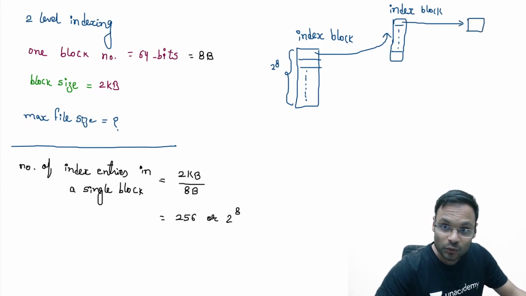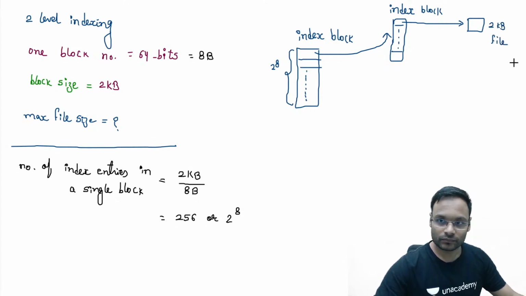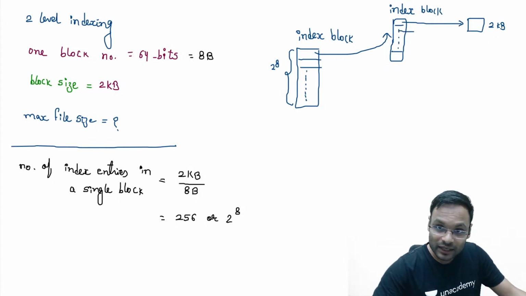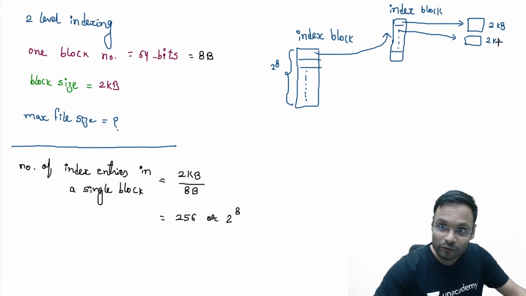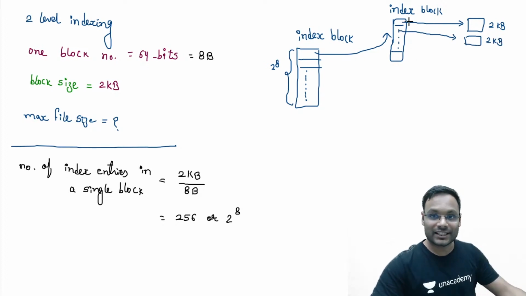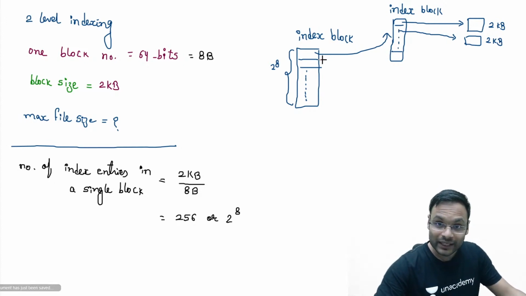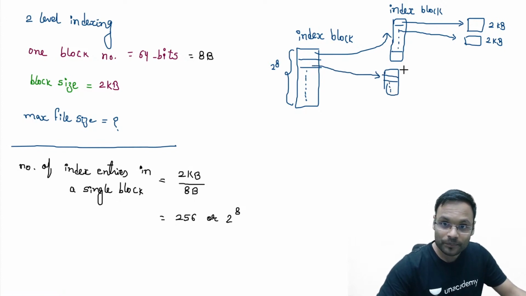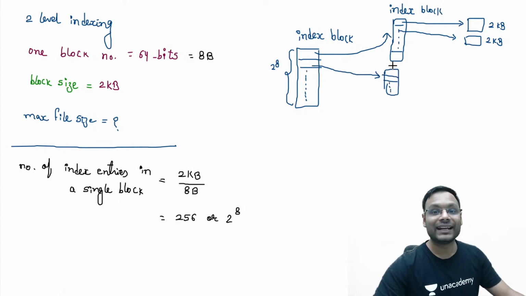That block is storing the file of 2 kilobyte. Similarly, here also another entry will be there. That entry will lead me to another file block which will store 2 kilobyte. Such kind of how many entries? 2 power 8. And similarly, this second entry will lead me to another index block, and each index block will be having 2 power 8 entries.